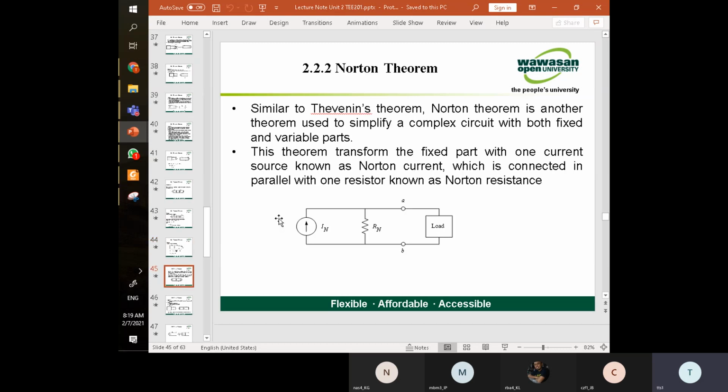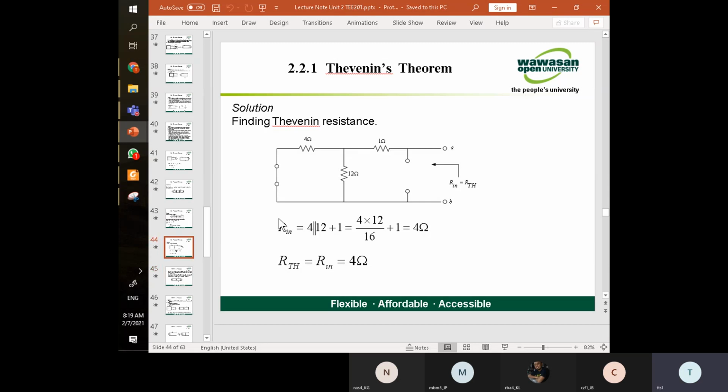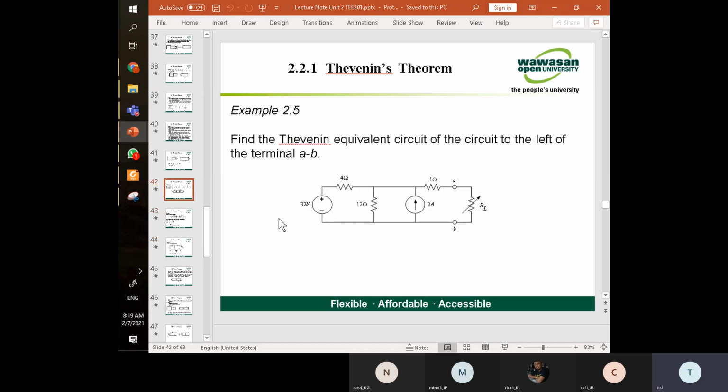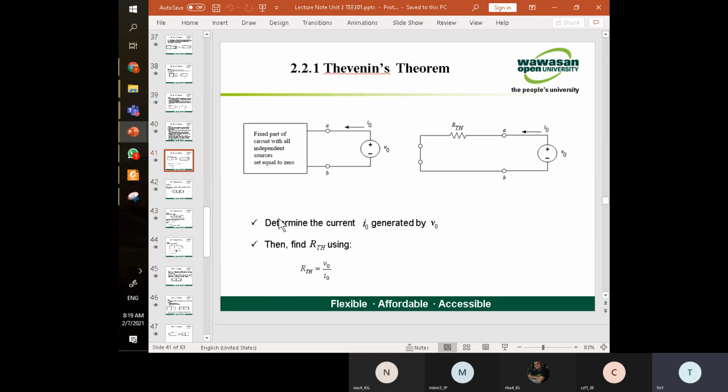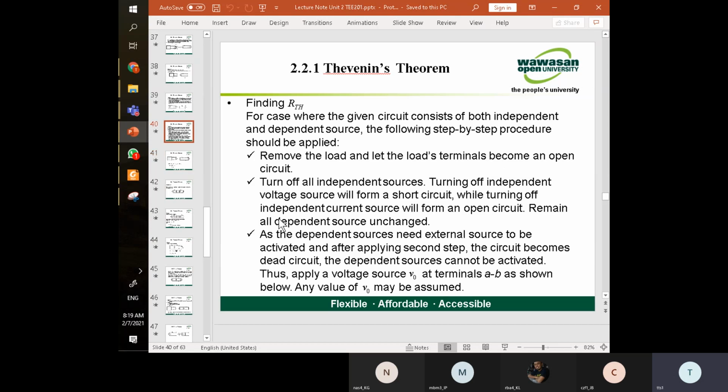For the second part, the first step is to remove the voltage source and remove the load, which becomes an open circuit. Turn off the source and replace it with a short circuit.